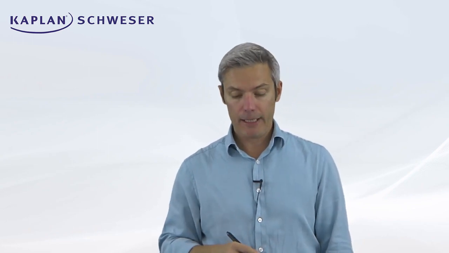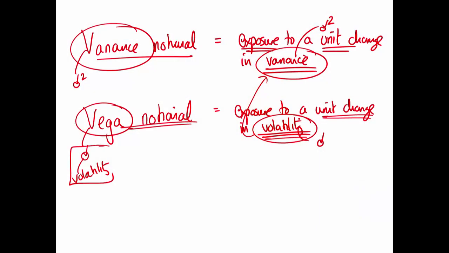You're thinking here about what the impact on your P&L for the variance swap will be if there's a unit change in volatility. That's what you're thinking about, right?